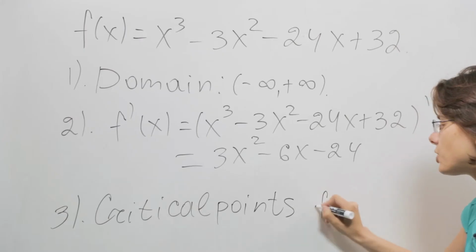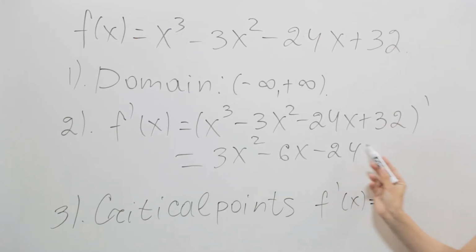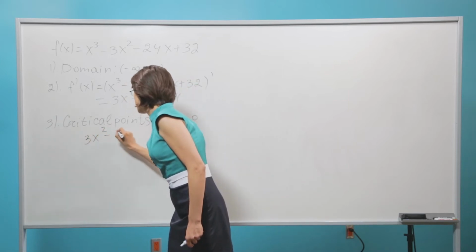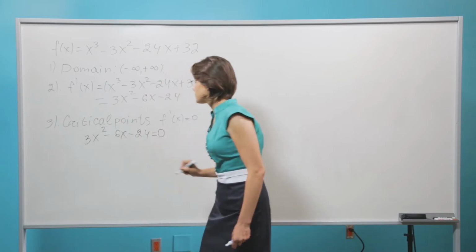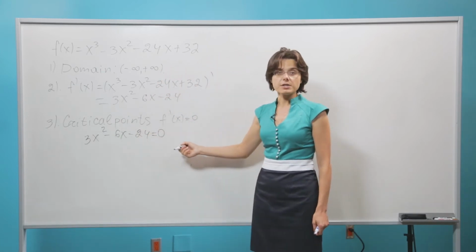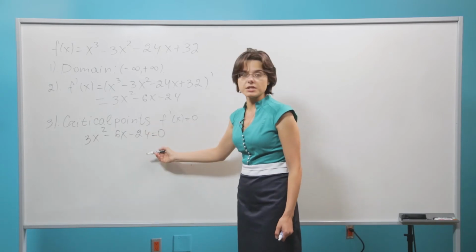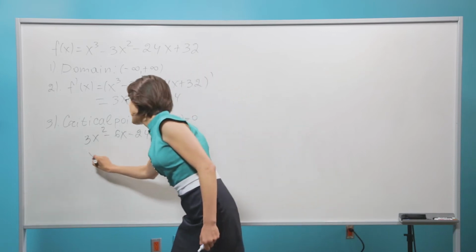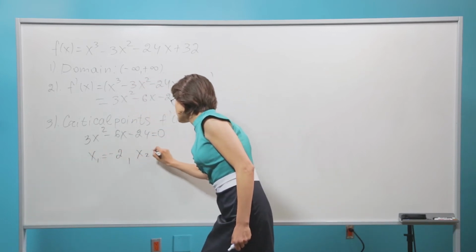These are points at which the derivative is equal to 0. In other words, we take our derivative, 3x squared minus 6x minus 24, make it equal to 0, and find all x for which this is true. If you solve this quadratic equation using the discriminant formula, for example, you find that x1 is equal to negative 2 and x2 is equal to 4.